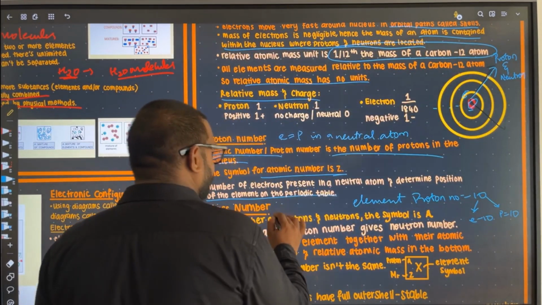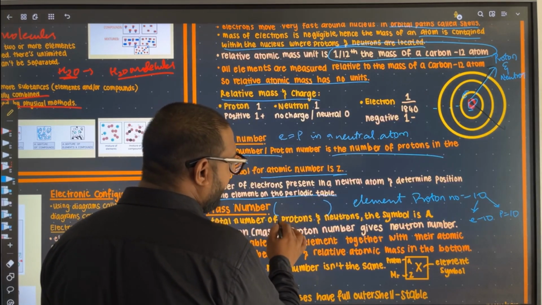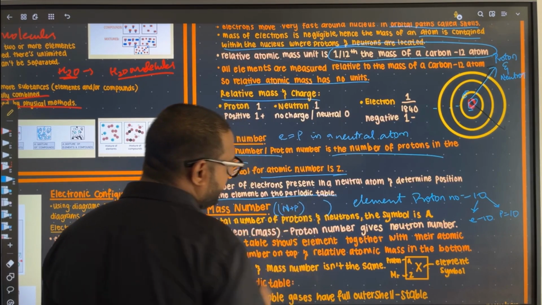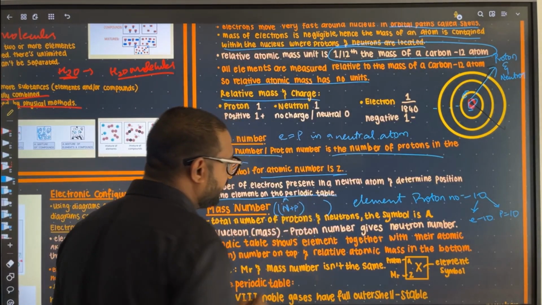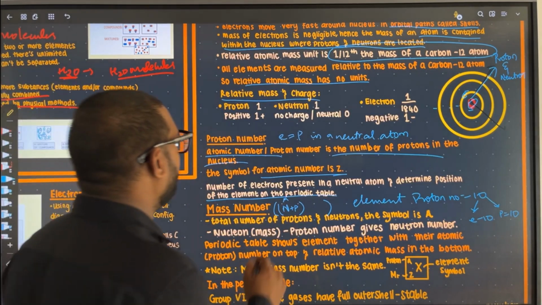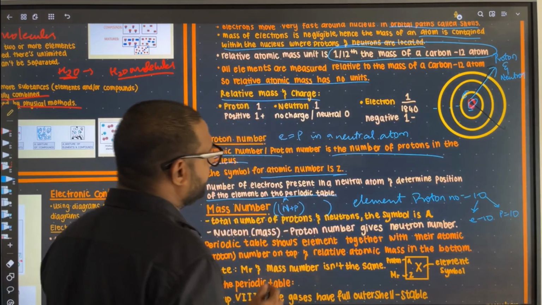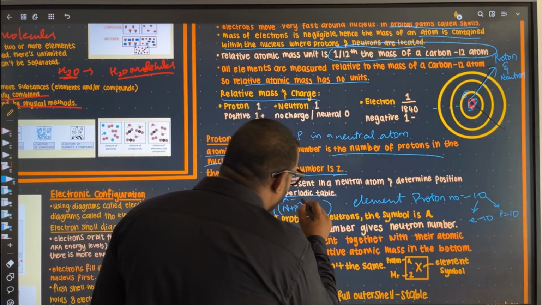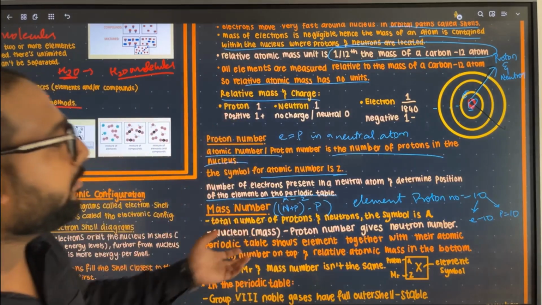देखिए, what is mass number? Mass number is denoted by A, but mass number is the sum of neutrons plus protons. Yes, mass number is the sum of neutrons and protons, and the proton number is the number of protons, let us suppose. So if I subtract A minus Z, can I get the number of neutrons?